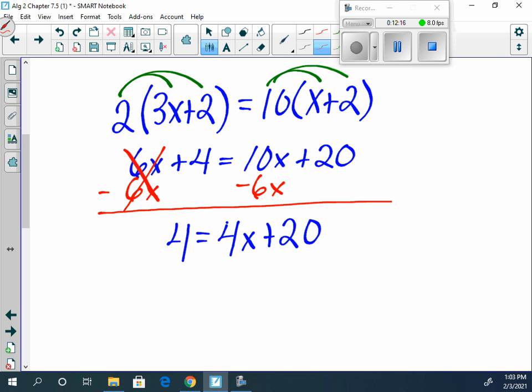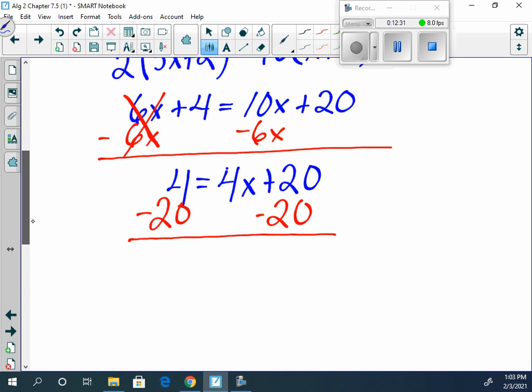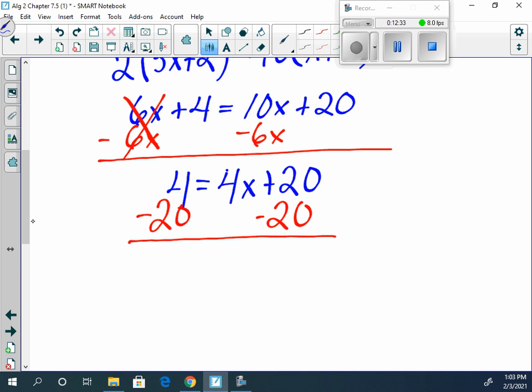And after this here, we're going to still try to get x by itself by subtracting 20 from both sides. And if we subtract 20 from both sides, we do get 4x by itself. 4 minus 20 is going to be negative 16.